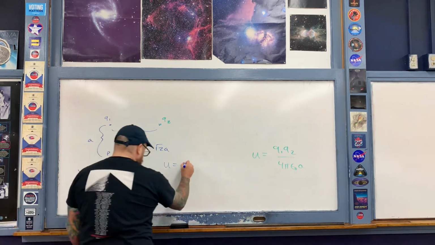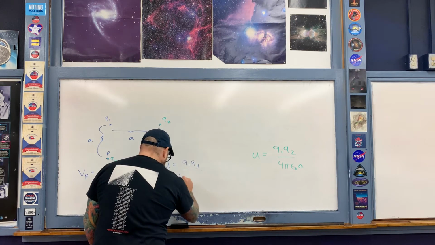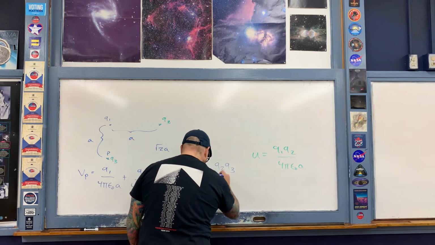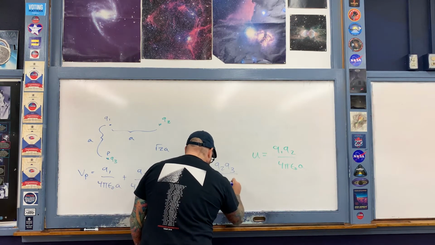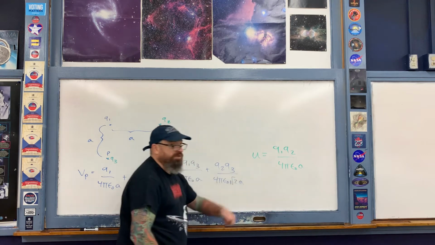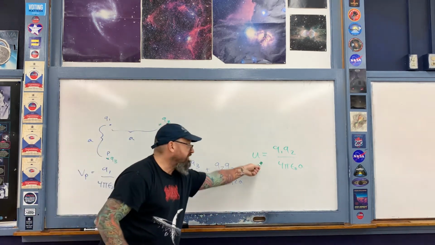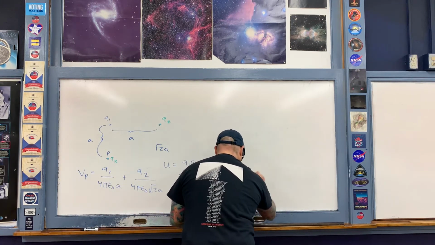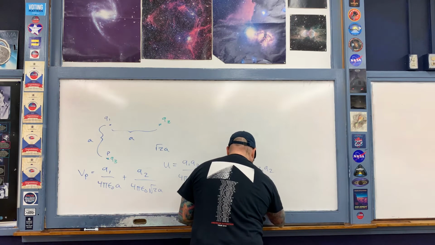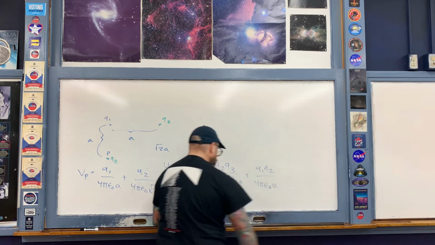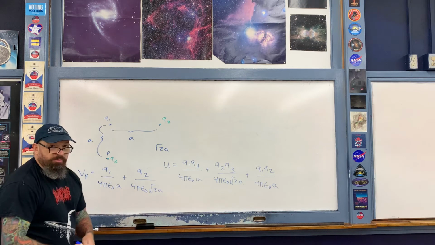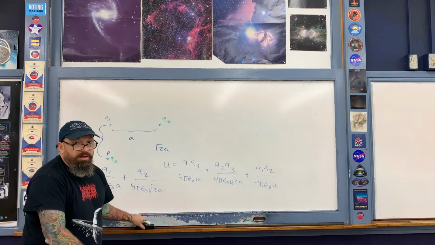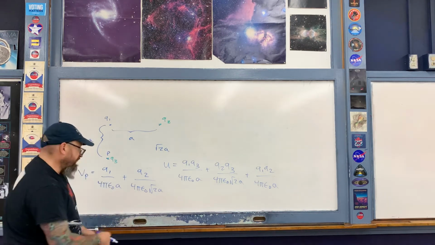It is equal to Q1 Q3 divided by 4 pi epsilon naught times A, plus Q2 Q3 divided by 4 pi epsilon naught times root 2 A, but then also plus this previous value here. This, of course, represents the work that we have done already. So now we end up with a total of 3 terms for these 3 charges that have been brought into position. And then we essentially repeat this process for the last charge.